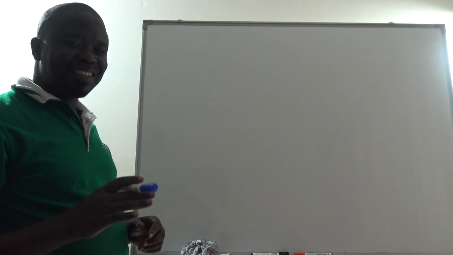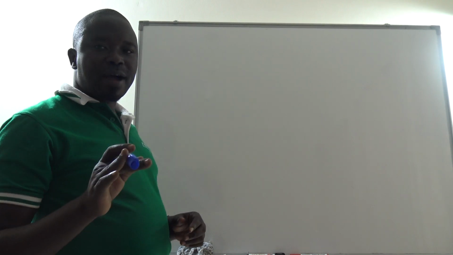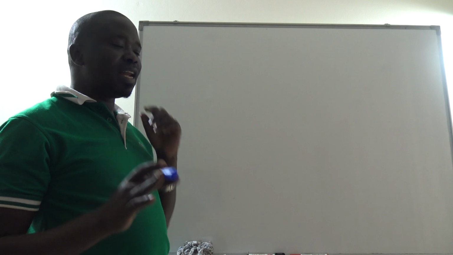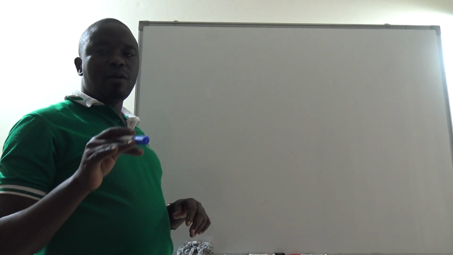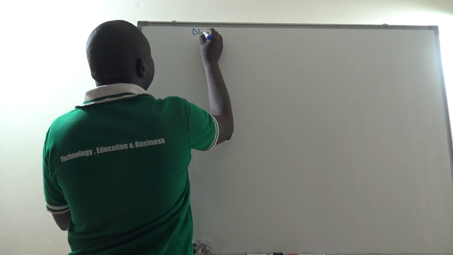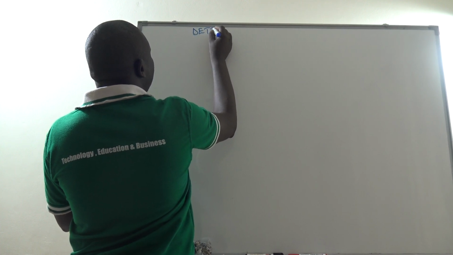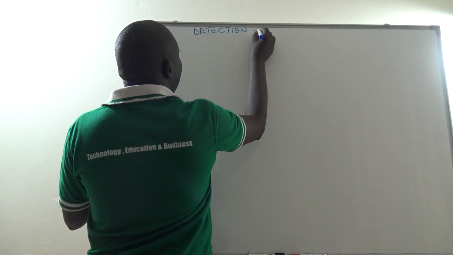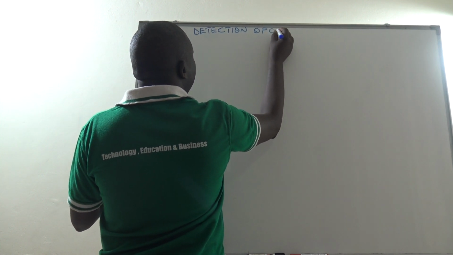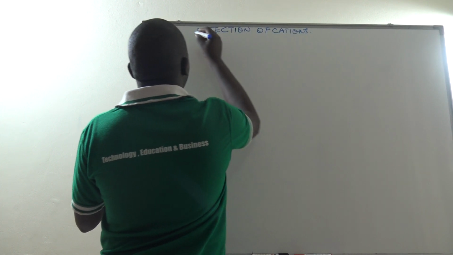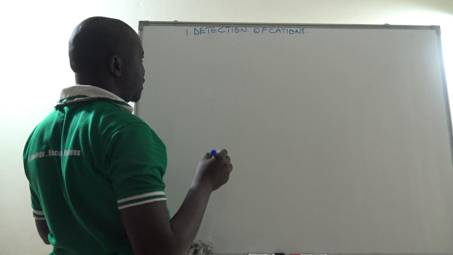Step Talks Education. Let us continue with our qualitative analysis, ionic chemistry and qualitative analysis, and we are going to look at the detection of cations as our first ions.